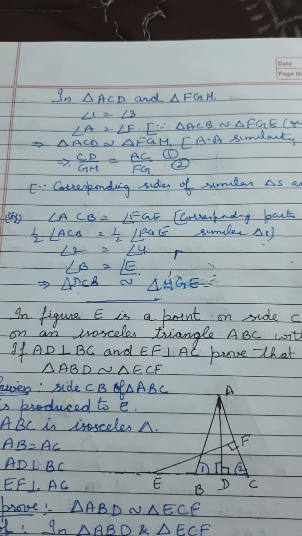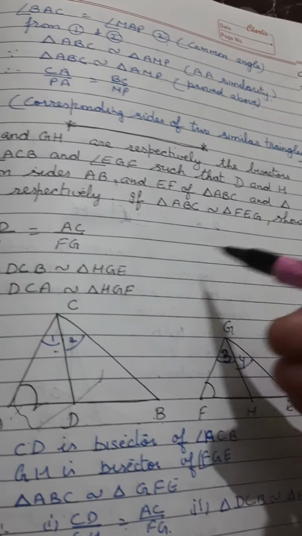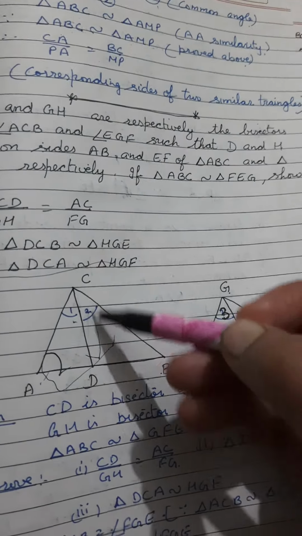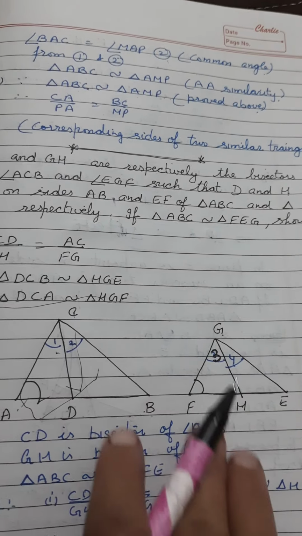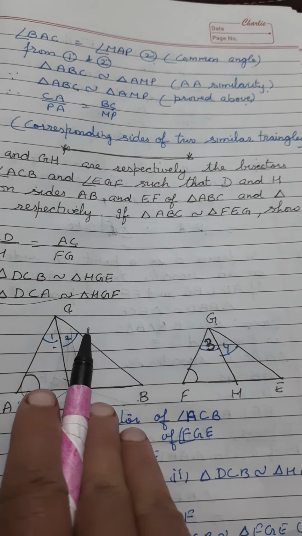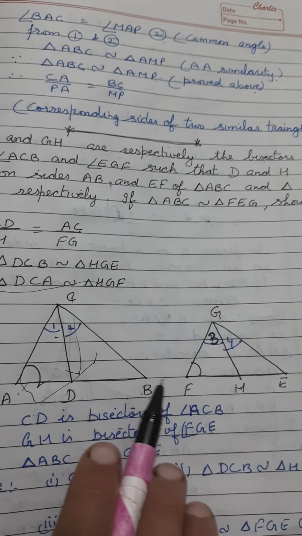Now for the next part, triangle ACB is similar to triangle FGE. Next part is we have to prove triangle DCB is similar to triangle HGE. This is also the same. Half of this angle is equal to half of this angle, means angle 2 is equal to angle 4.